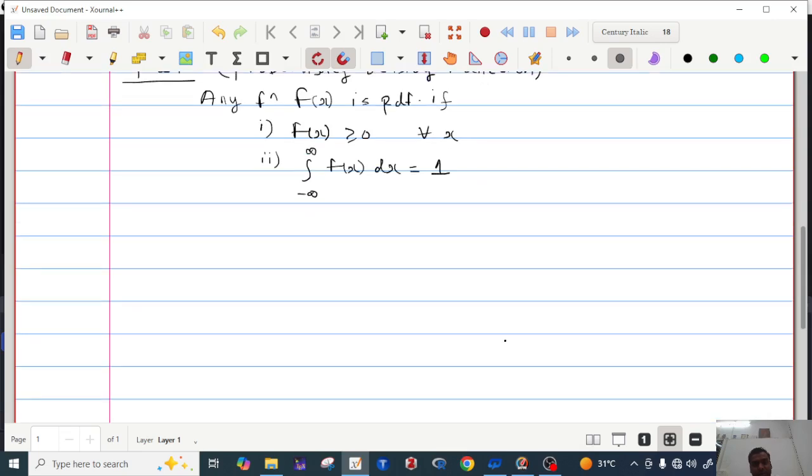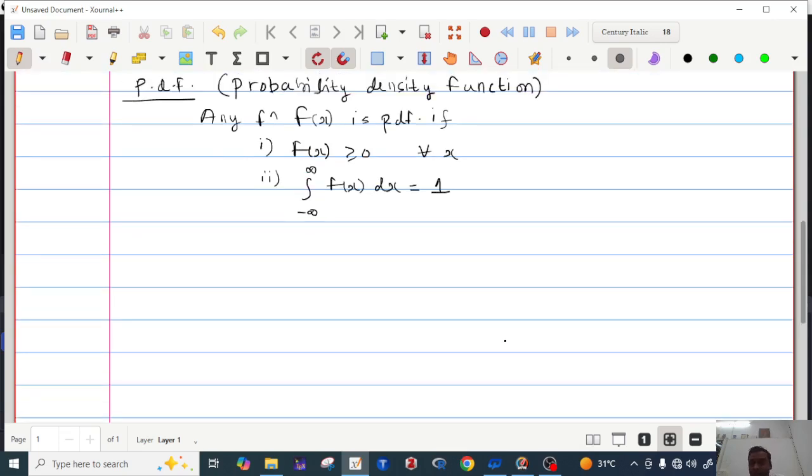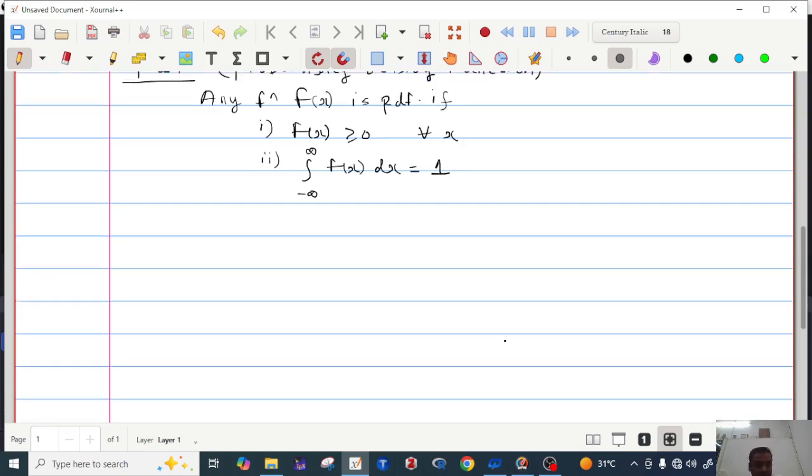With the help of PMF, we can find the probability at discrete points. In the same way, with the help of the probability density function, we can find the probability, but for regions, not for discrete points.